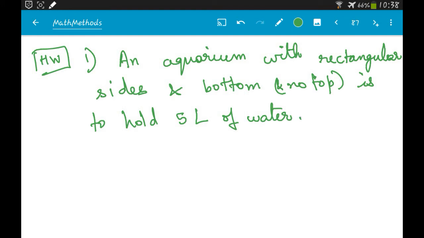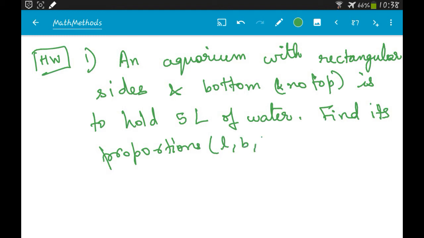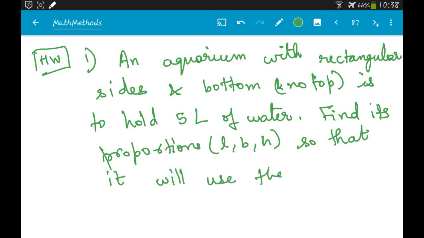Find its proportions. What do I mean by proportions? I mean the length, breadth and height, L, B, H. So find its proportions, length, breadth, height, so that it will use the least amount of material.